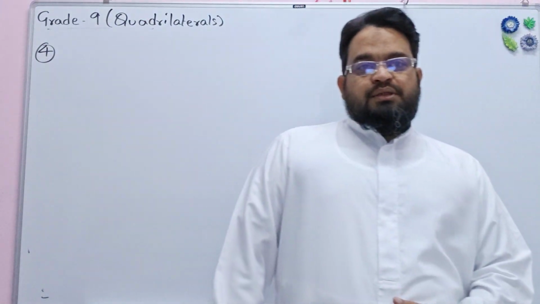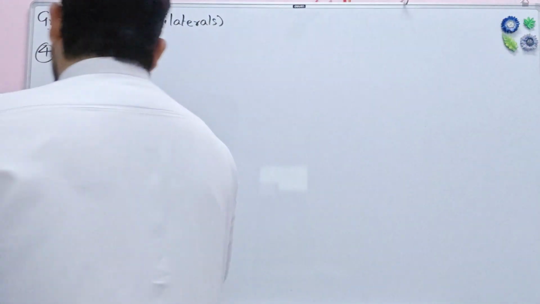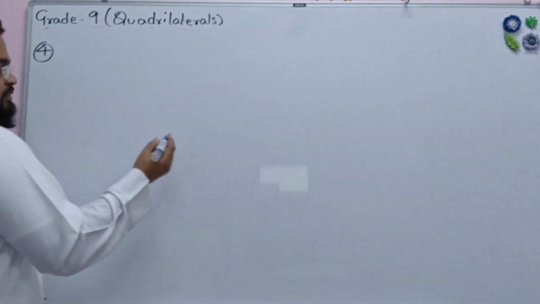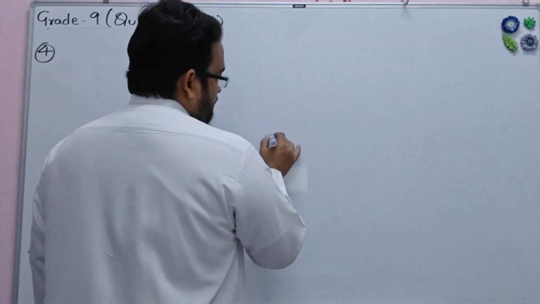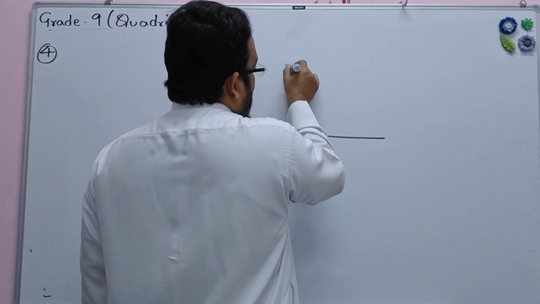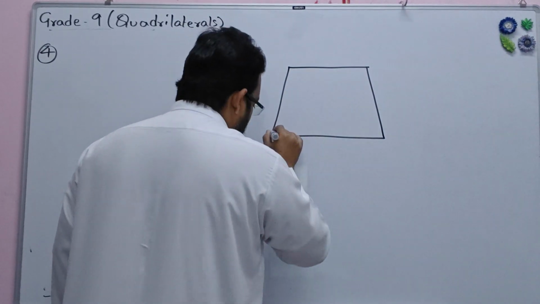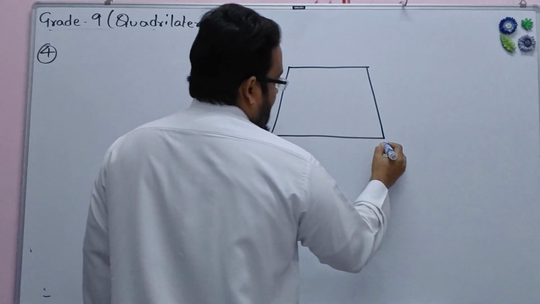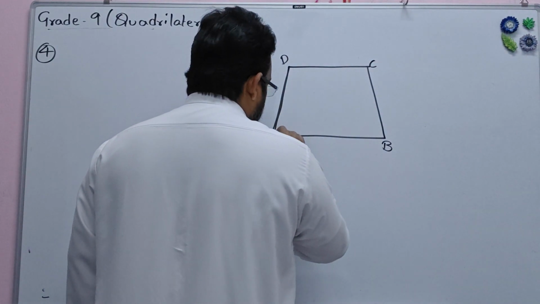So the fourth question is like this. ABCD is a trapezium. Let me draw the trapezium ABCD. So A, B, C and D, it is a trapezium.